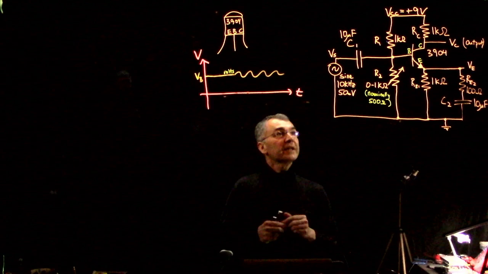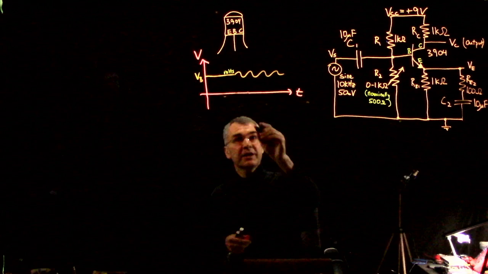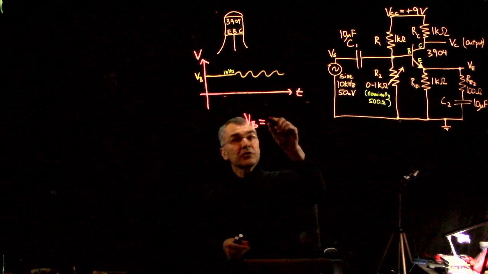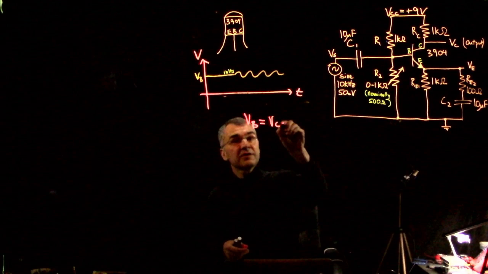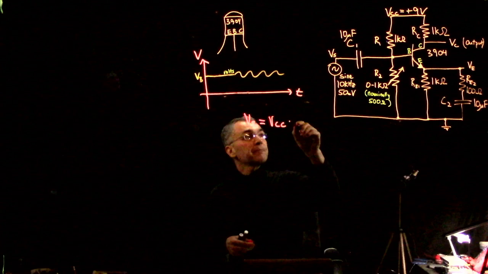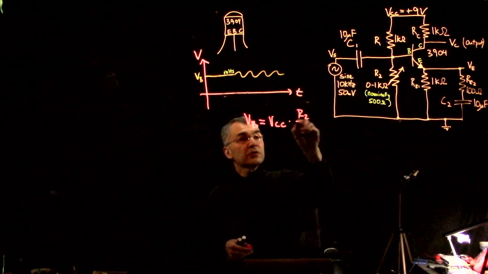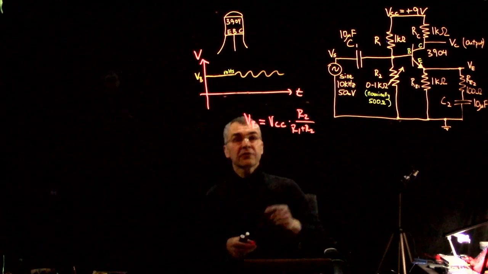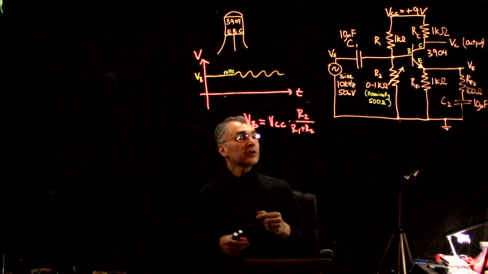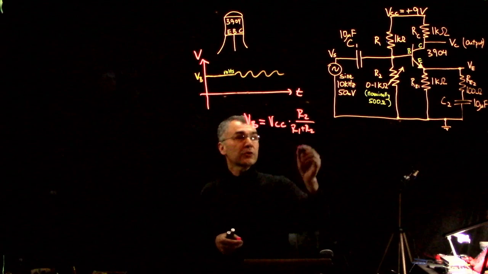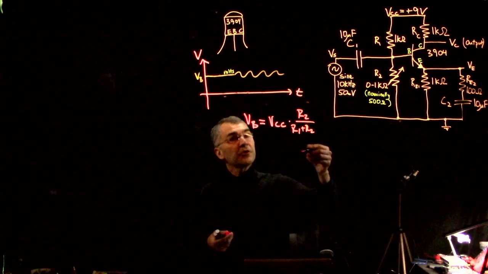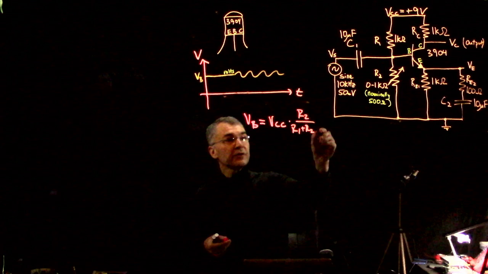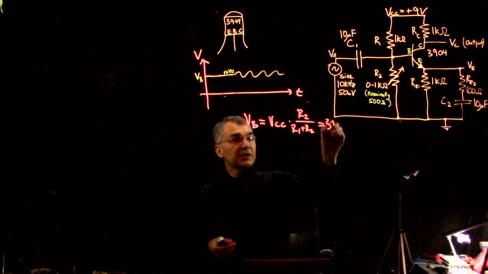In that case, the quiescent value of V base is VCC times R2 over R1 plus R2. If R1 is a kilo ohm and R2 is 500 ohms, then this is 9 volts times 1/3, so this is 3 volts.